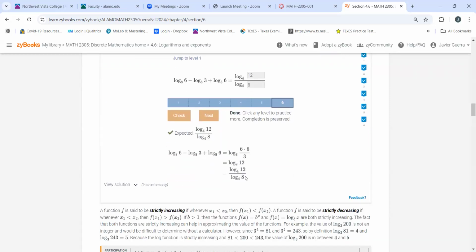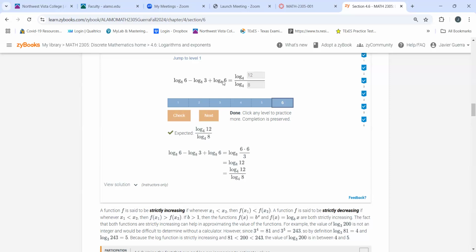Yeah, cool. They did it different. Look at that. They did this first. Subtract means divide. What did they do? 6 times 3? What? They grouped the positives together.